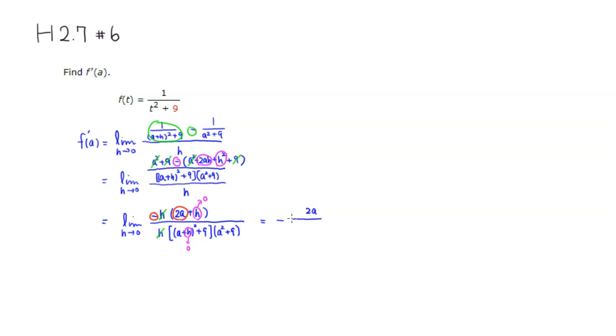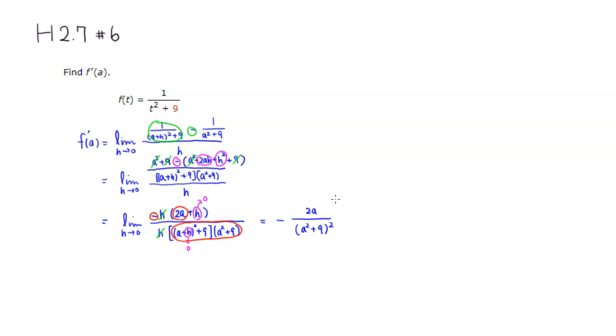Then you have a plus 0 squared, so a squared plus 9. You have another a squared plus 9. By combining those together, we're going to have the quantity a squared plus 9, squared.